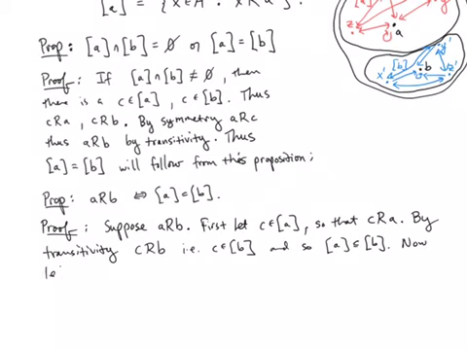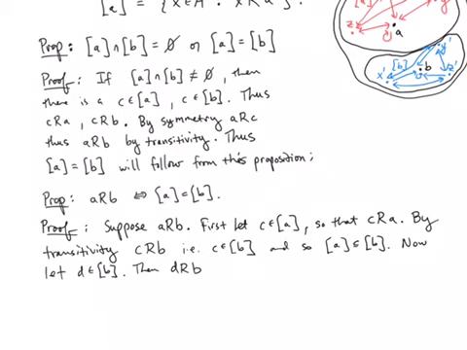Now let D be given in the equivalence class of B arbitrarily. Then D is related to B by definition. And we still have A is related to B, so we just need to flip that one around.